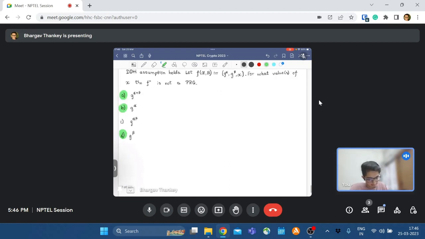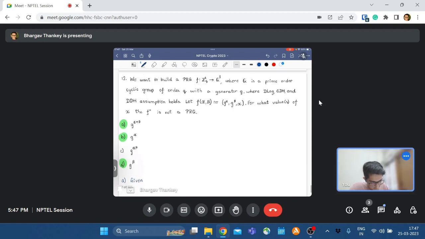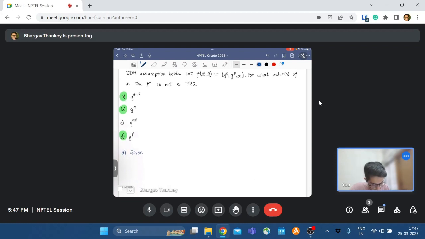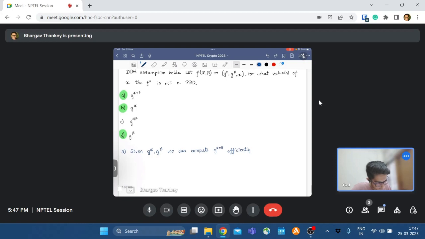Why? Let's look at A. Given g to the alpha and g to the beta, we can compute g to the alpha plus beta efficiently, and then compare it with x.